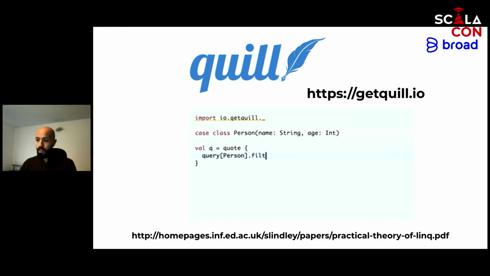Then again, if you are not familiar with Quill, Quill is a LINQ for Scala that allows you to write regular Scala code and generate your SQL in a very safe way. That is valid for a few other databases as well, but let's stick to SQL. It's easier to understand.